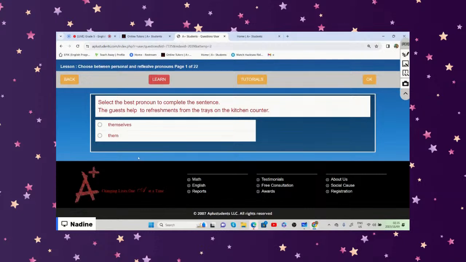So that is a reflexive pronoun. You need to know the difference when we are answering the questions. We need to select the best pronoun to complete the sentence, and like I said, it's either going to be a personal pronoun or a reflexive pronoun.